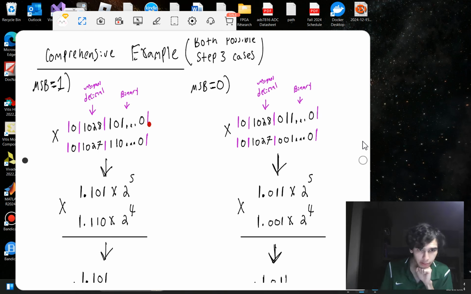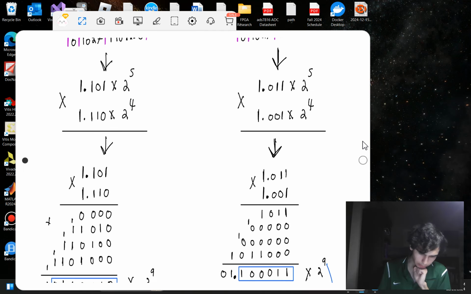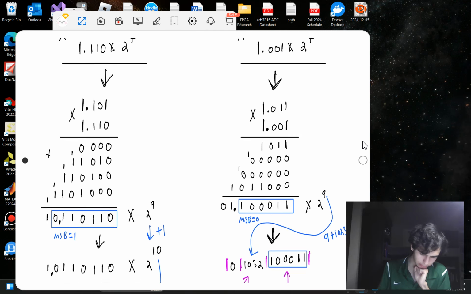One where this floating point number is multiplied by this floating point number. This top one, the mantissa gets moved there. This minus 1023 means 5 is being stored. This mantissa goes there. 1027 minus 1023 means 4 is being stored. You do step 1, multiply these two.